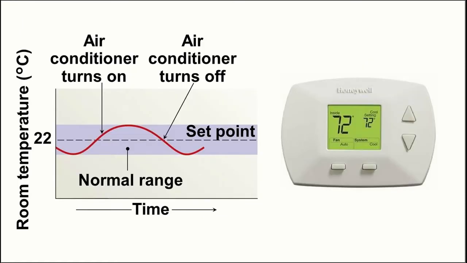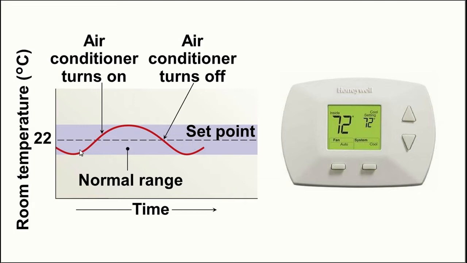If we look at a human technology example, our at-home thermostats that control the air conditioning or the heating in our house also use this same type of mechanism, where we set the thermostat at a set point, in this case maybe about 70 or 72 degrees Fahrenheit.